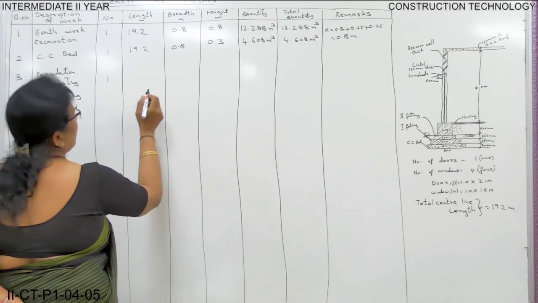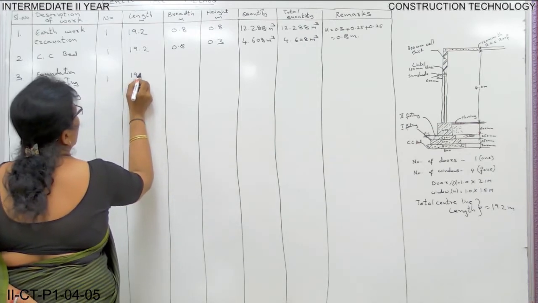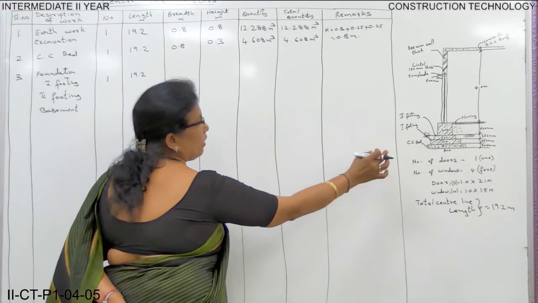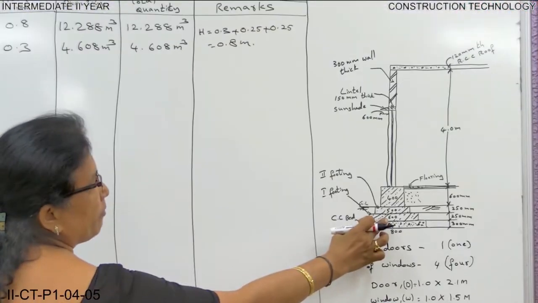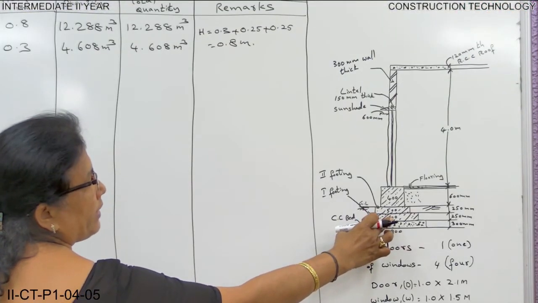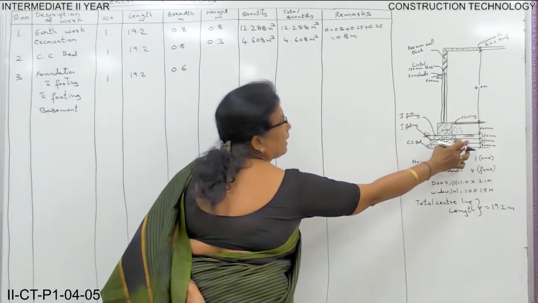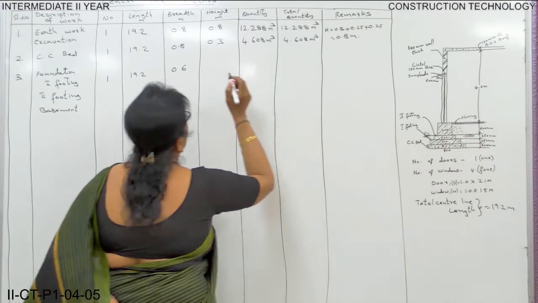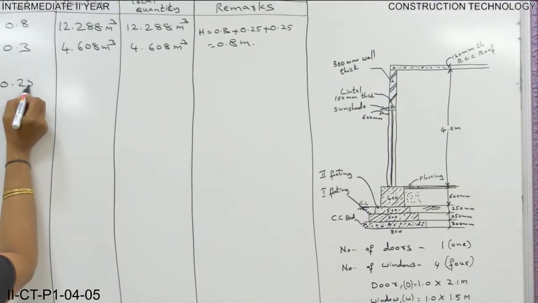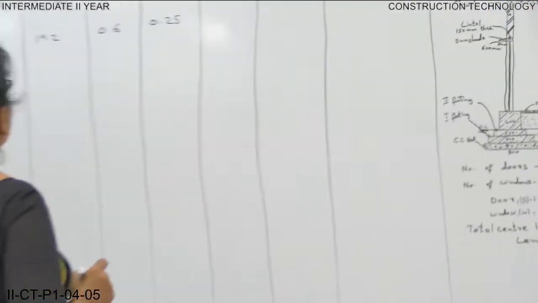Everything for number is 1, length will be the same, 19.2, and the first footing breadth is 600 mm, that is 0.6 meter, and height is 250 mm, that is 0.25 meter.